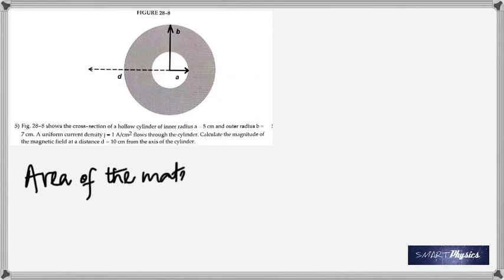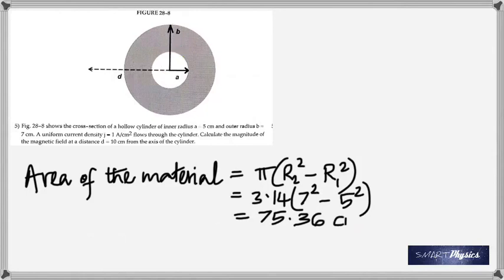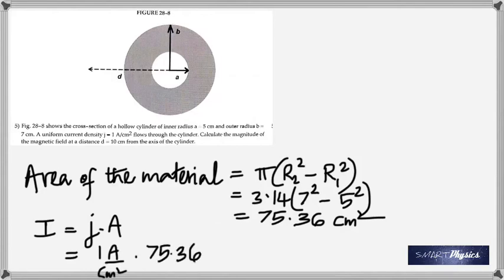Now, because you're given the current density, defined per centimeter squared, you have to find the area of the material first. The area is going to be pi outer radius squared minus pi inner radius squared. Now you know current is J times A. Current density is 1, so multiply with the area. Remember, both are in centimeter squared.